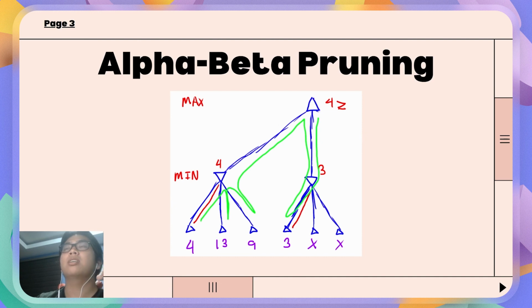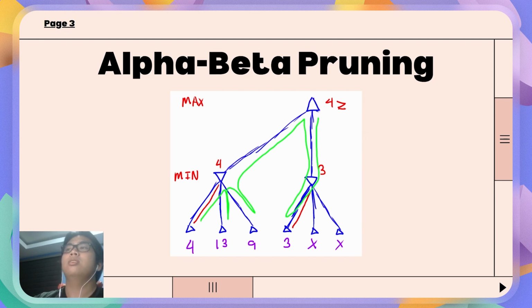Yun yung pinakamataas na value ko makukuha dito. At yun yung pinakamataas na value ko na makukuha if I choose to explore the second node. Therefore, I do not need to check any of the values anymore on the other nodes because I know that I will never get higher than 3 in this node.